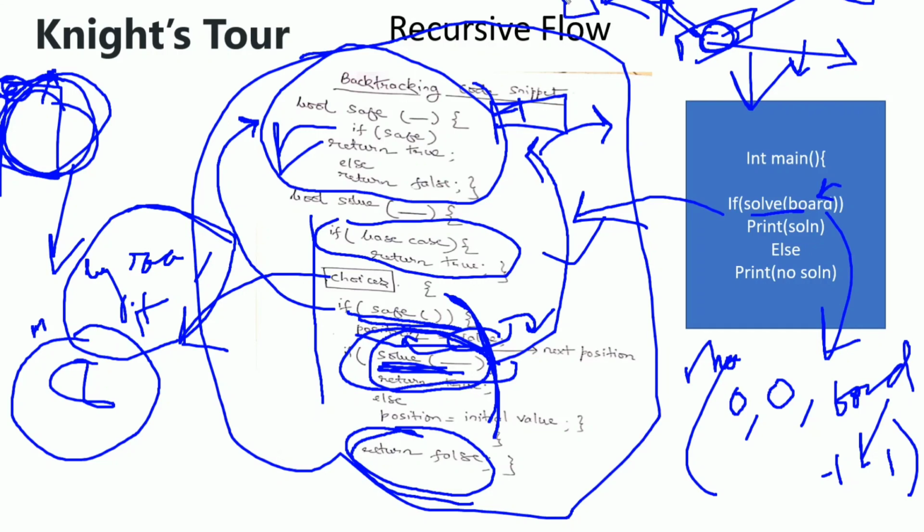So it will move to the caller, and what it will do is change the move number of the caller back to the initial value. Okay, and it starts trying the choices available to this caller, meaning it resumes the iteration.